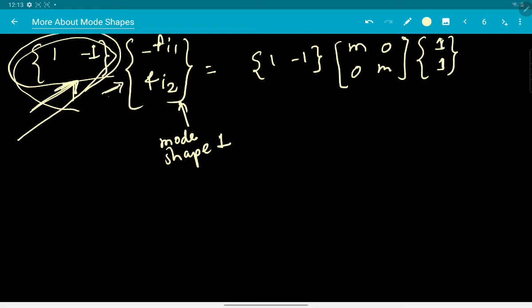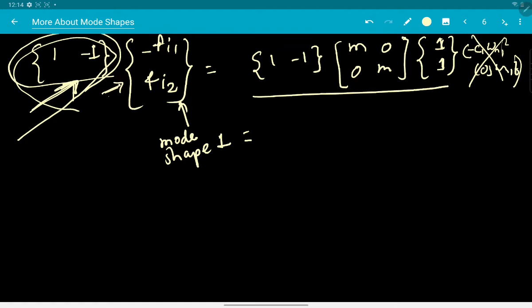You also have some other terms, c1 omega n1 square cosine of omega n1 t. Those terms are there, which I have not written, but I will write now. For the time being, forget those and concentrate only on this.